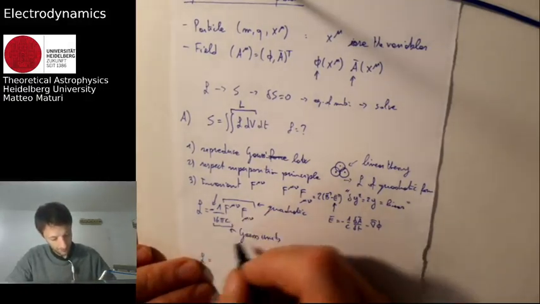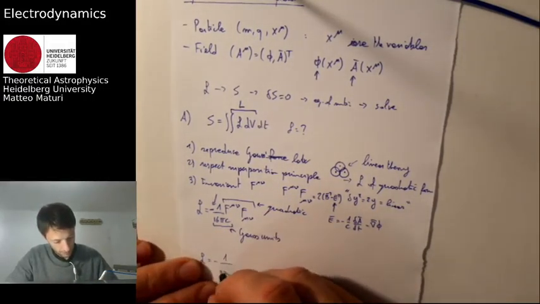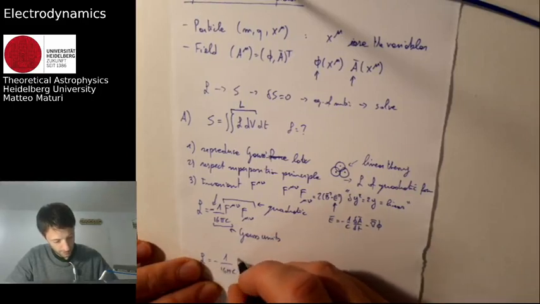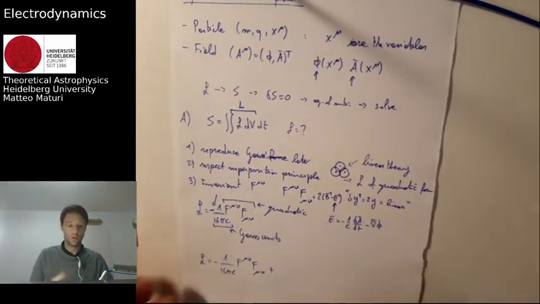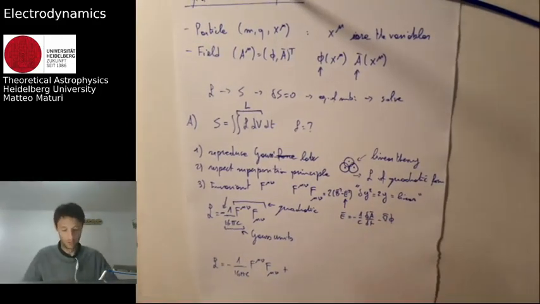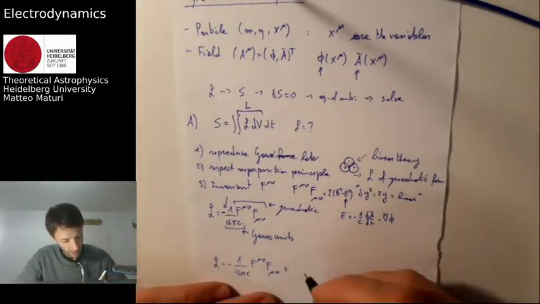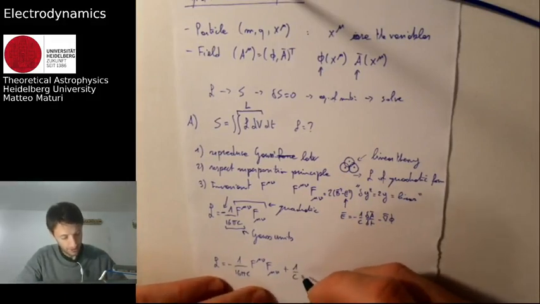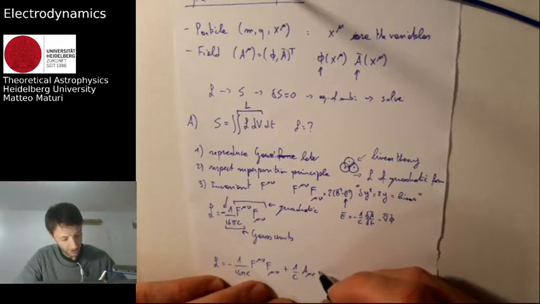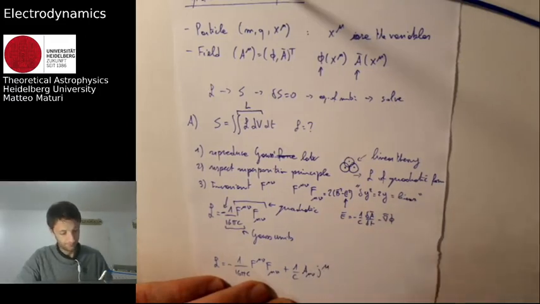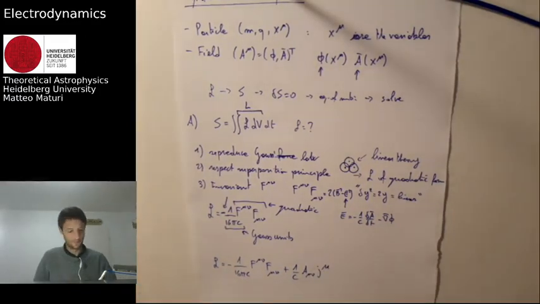Therefore, we can have the minus 1 over 16 pi c F mu nu F mu nu, and then there is also, in the total Lagrangian of our system, the interaction between the field and the charges, J mu A mu.